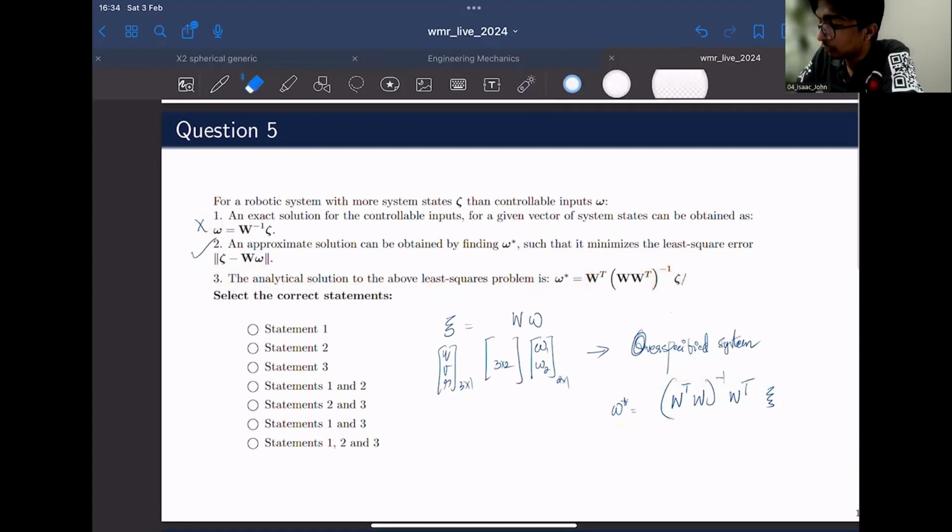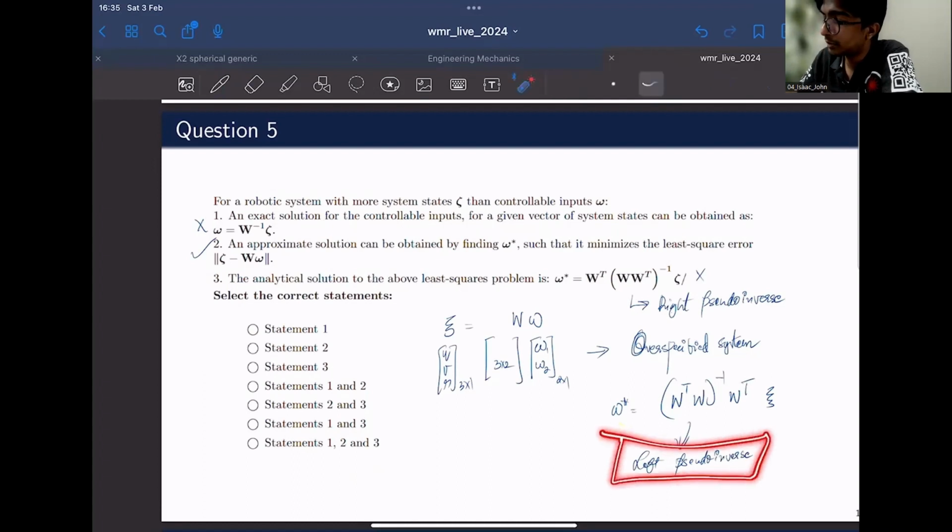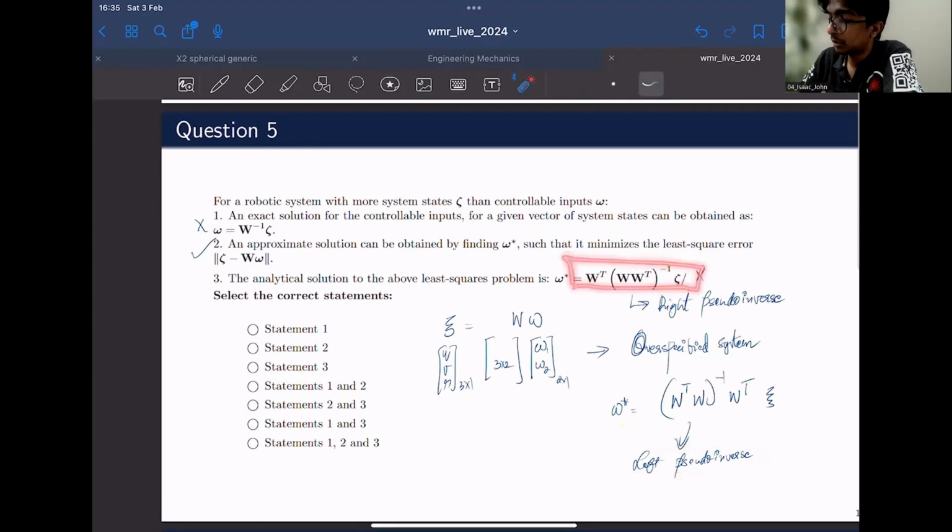We know for a fact that that is false because this is the right pseudo inverse, whereas what we want here is the left pseudo inverse. For an overspecified system, we consider the left pseudo inverse, but the statement says we should consider the right pseudo inverse.